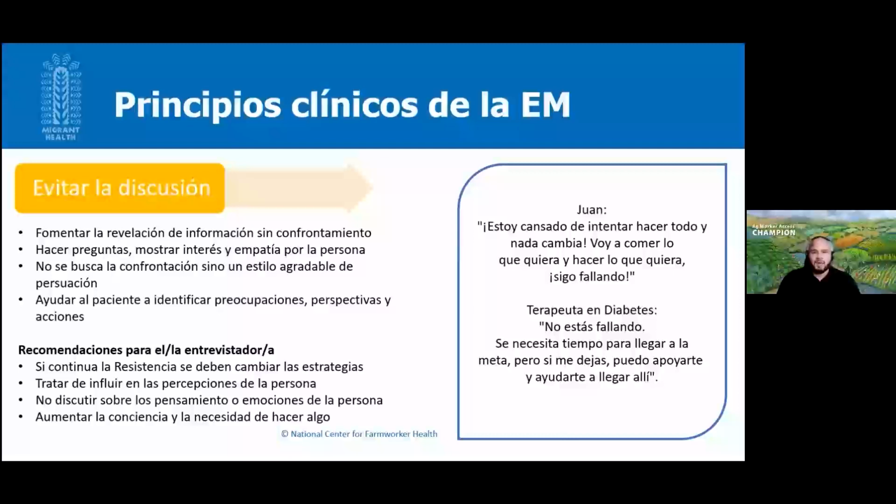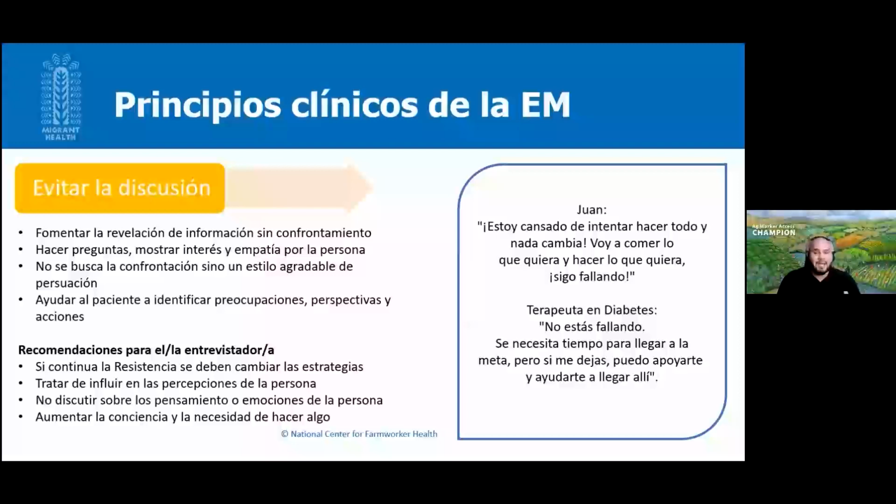We need to avoid any type of confrontation or argument, because sometimes insisting on a point with the patient is only going to cause the patient to build up their walls and to really double down on their prior opinions. So this person is not going to want to continue. They won't even want to be open to the possibility of change.